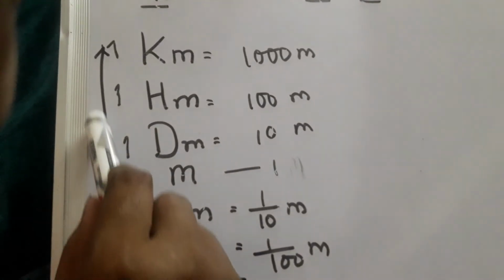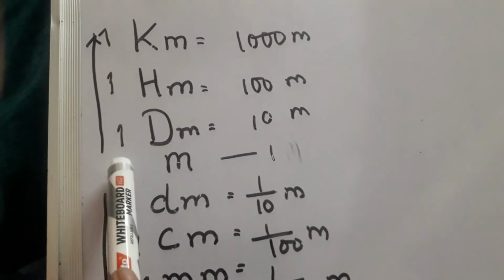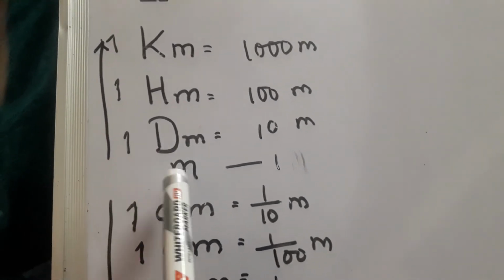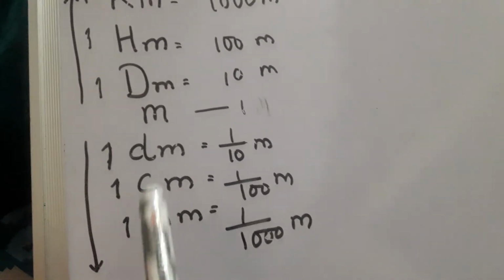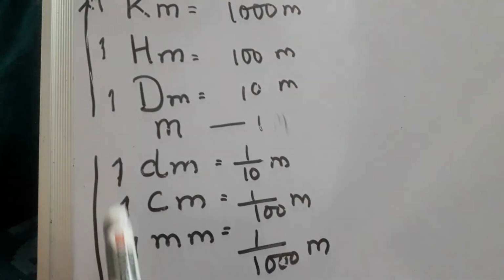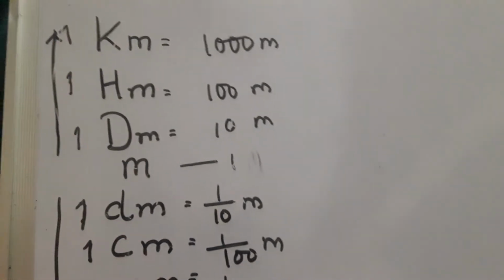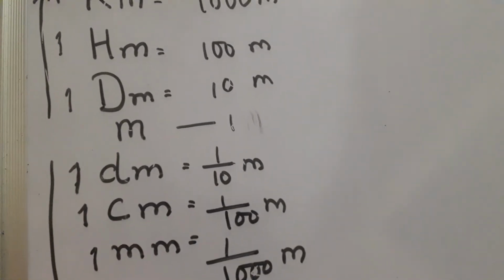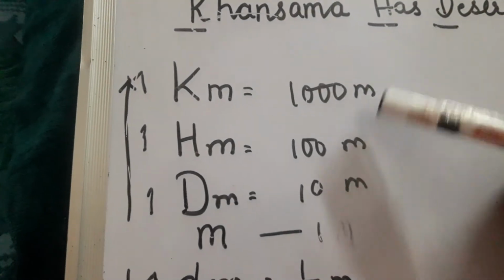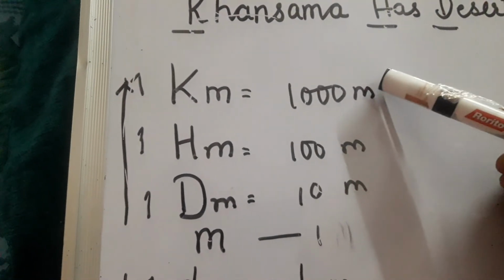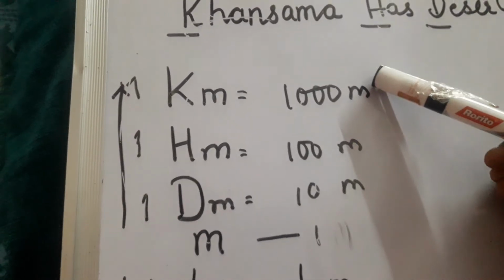As we move up, you can see they all are big units. All these ones below are small units. Bigger unit, smaller unit. One more thing I would like to tell you. When we compare two units, suppose kilometer and hectometer, which unit is written on the upper side?